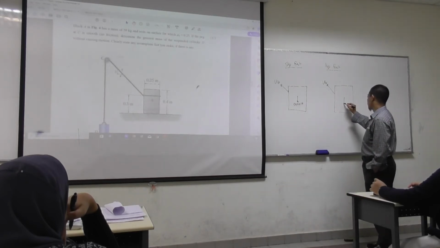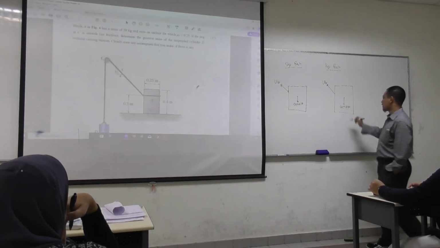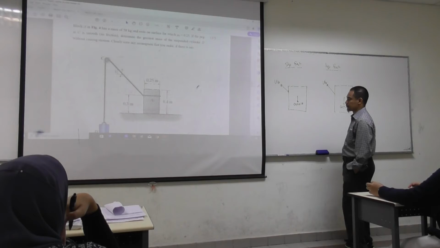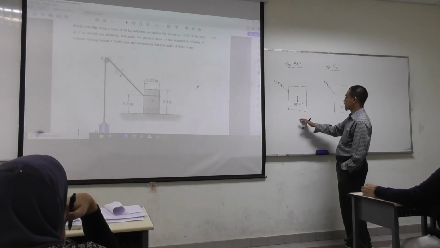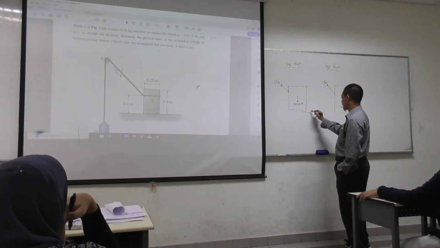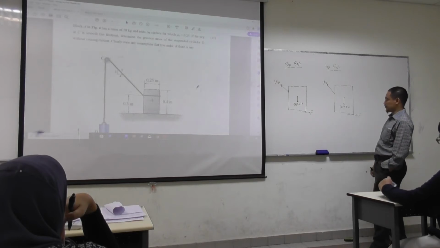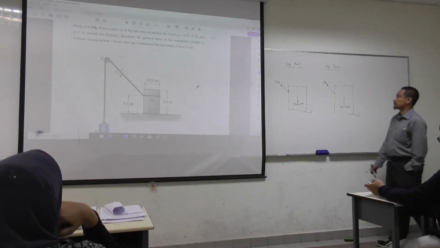Same here, right? And then you will have the friction, right? So friction to the right, to the left? To the right, right? Friction. Which one is the maximum friction? Okay, first.